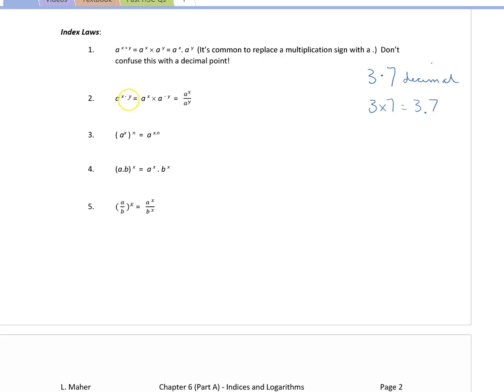Likewise, you know that a to the x minus y comes from subtracting the indices or adding the negative index, and adding the negative index is the same as a to the x being multiplied by 1 over a to the y, which would simplify to a to the x on a to the y.